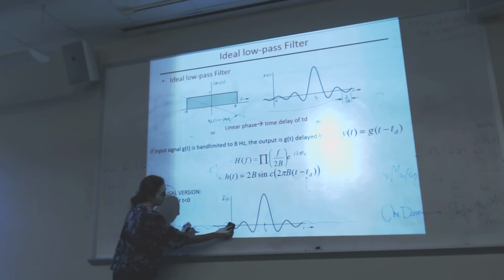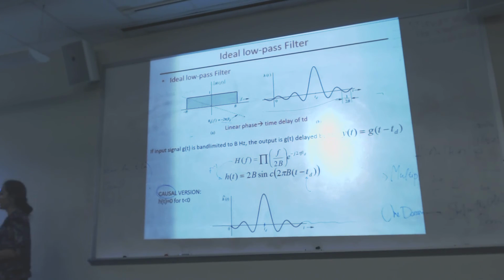Okay, so to make it causal and make it practical, in practice they're going to use something like that. So this is a delayed sinc, which corresponds to this idea of a filter. It's a low pass filter.